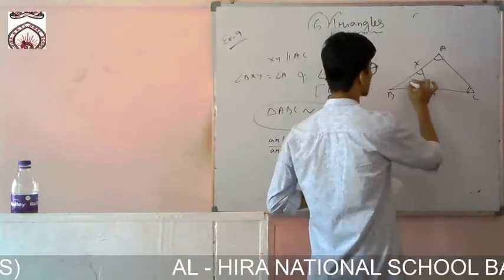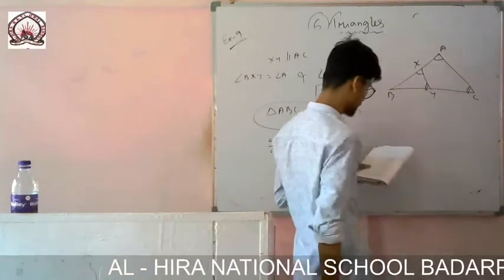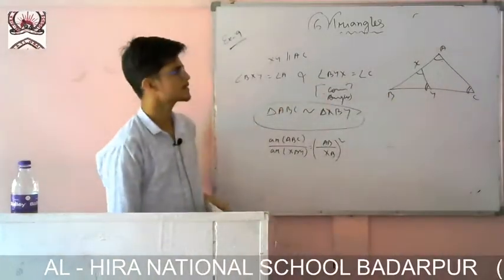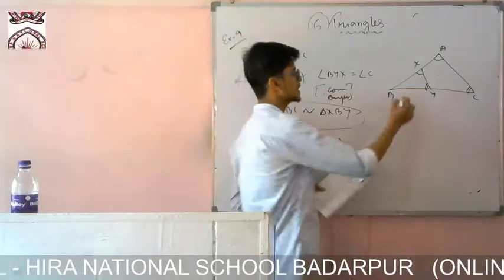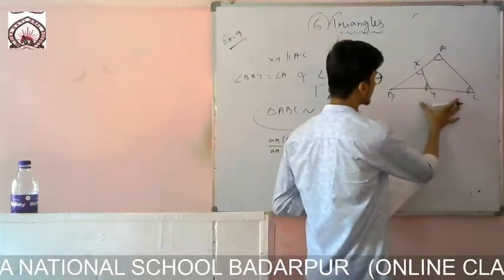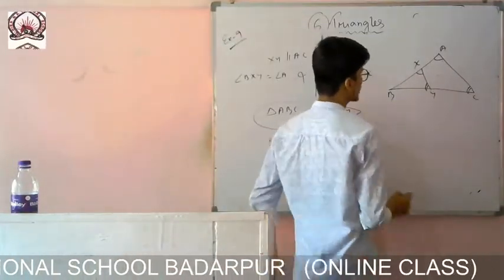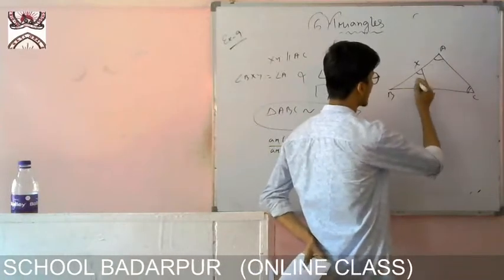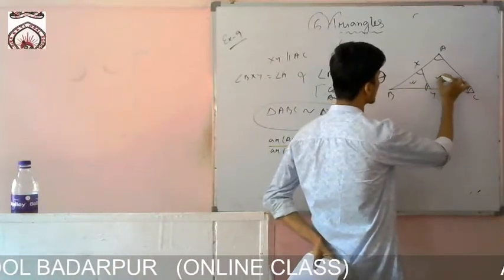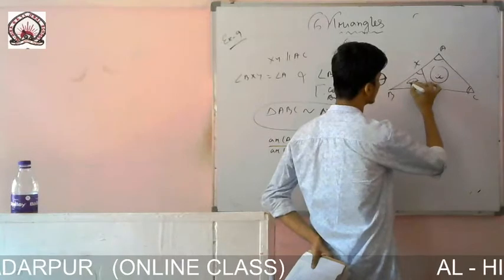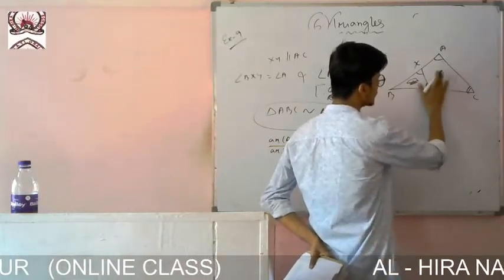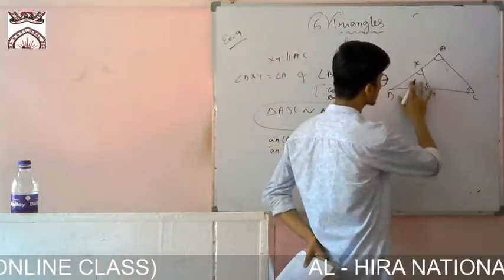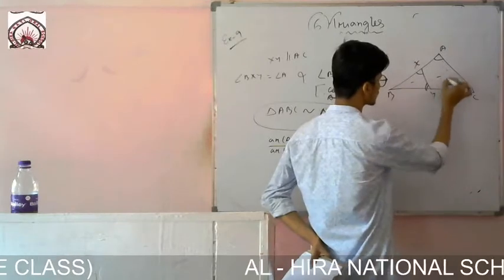That means area of this part was equal to area of that part, so the whole area is double of this one. After drawing this line, the areas of this part and of this part are the same.